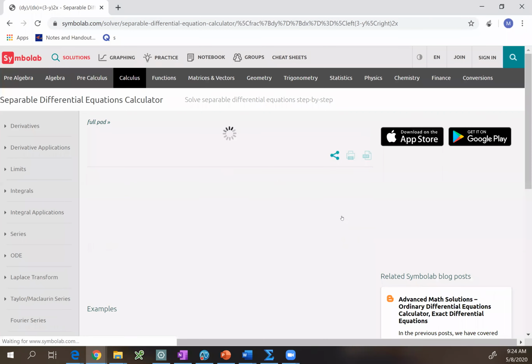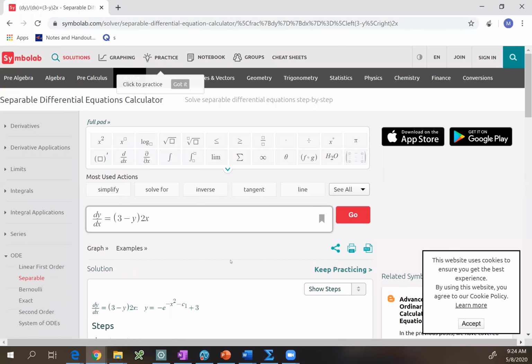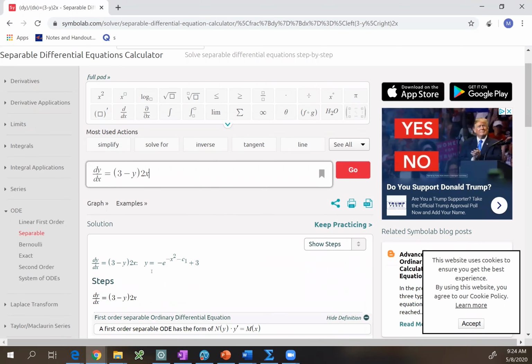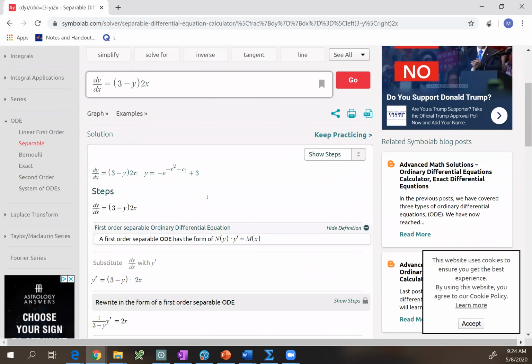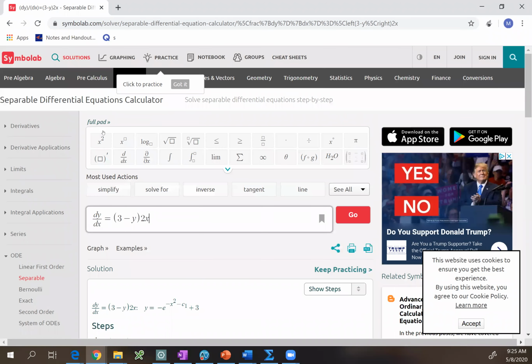Where we have to put one to the other side. And it'll show you that, hey, this is y equals e to the negative x squared minus c1 plus 3. Now, you still need to solve for c, right? But that's pretty cool that it'll help you to check your work like that on some of those things that we're not as familiar with doing on our calculator. So I would encourage you to play around with this.